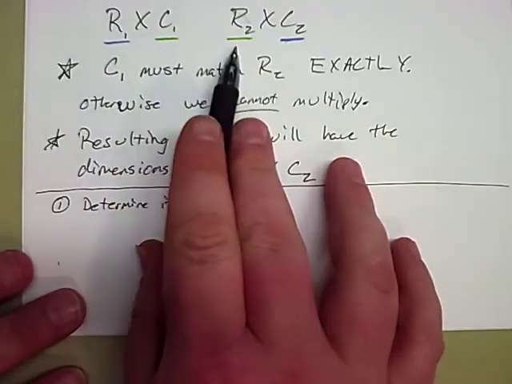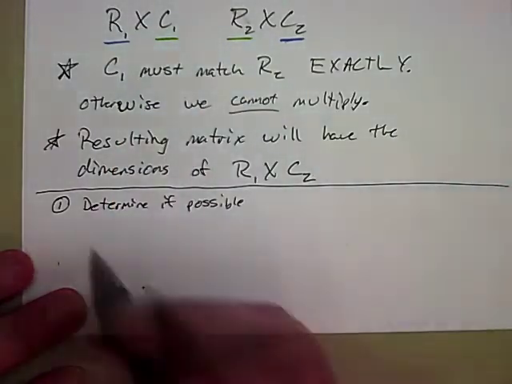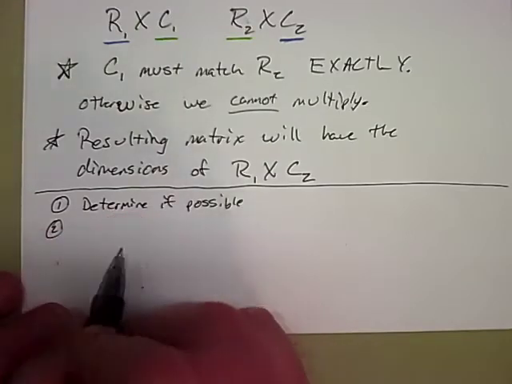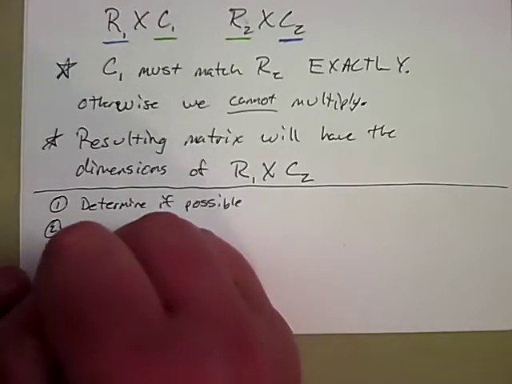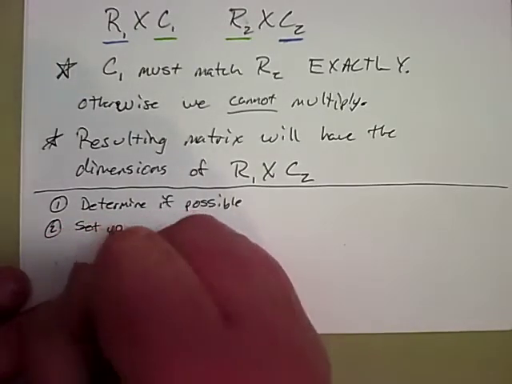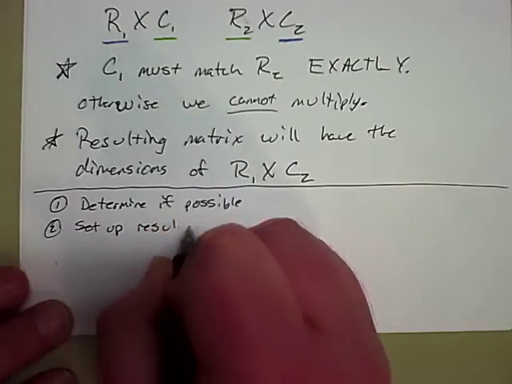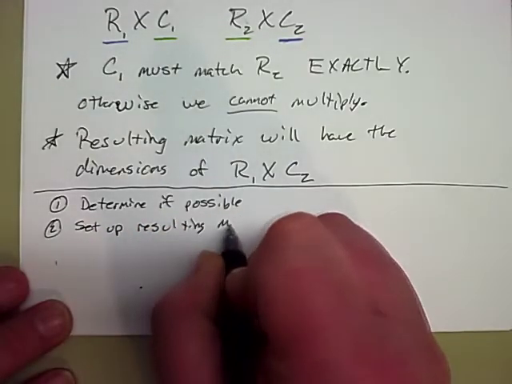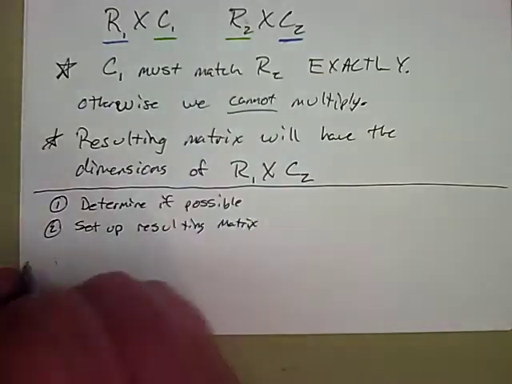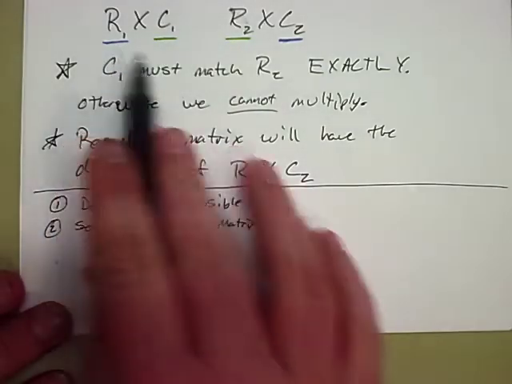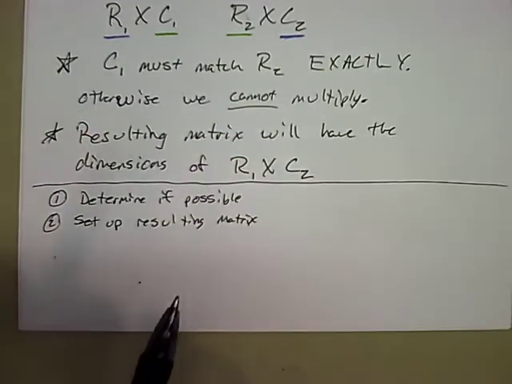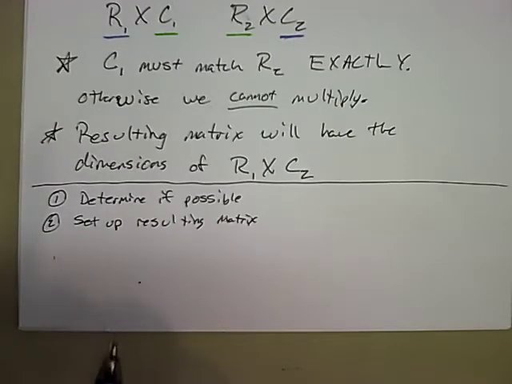In other words, C1 has to match R2, right? Step 2 is we want to set up the resulting matrix. So that means R1 by C2, and we're going to use a blank array, and I'll show you what that looks like when we get to that step.